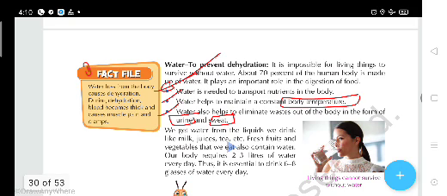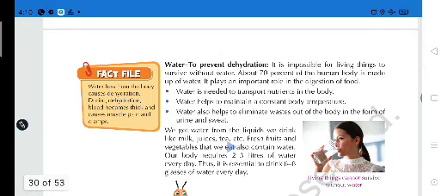Students, as we know, different kinds of processes occur in our body, and due to the different functions, some toxic and waste substances are generated in our body. If these waste substances accumulate in our body, it can be harmful.